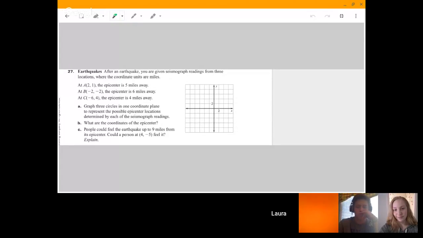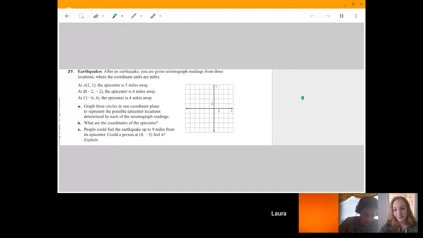So what you can do with these is use the point it gives you, the 3 locations, as the center, and the miles as the radius, because here's my thought process.